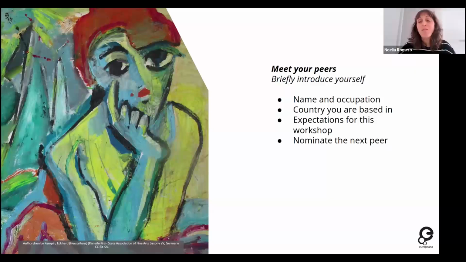Hello, everyone. Yes, I'm Spanish, but I'm working in Ireland. I am Noelia Romero. I am the digital archivist and training manager in the Digital Repository of Ireland. And like Valentina, I'm here mostly to learn uses for digital collections. The DRI, the Digital Repository of Ireland, is a trustworthy digital repository for preservation, stewardship, and dissemination of Ireland's humanities and social science.